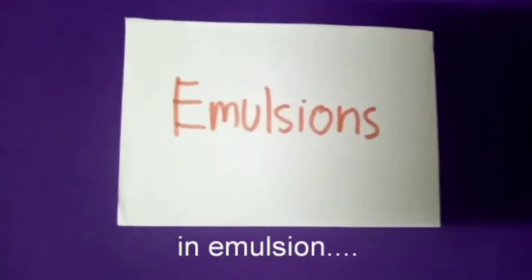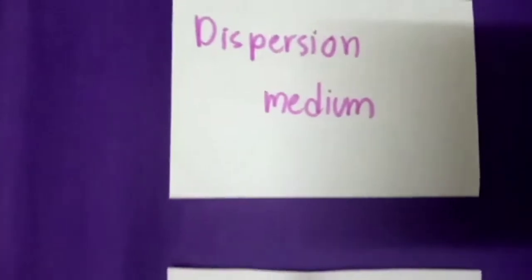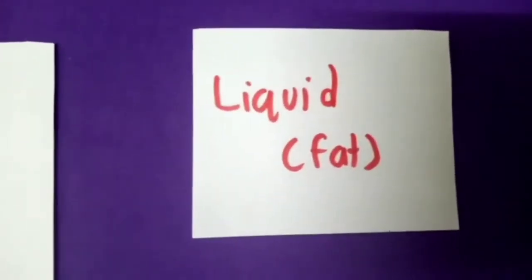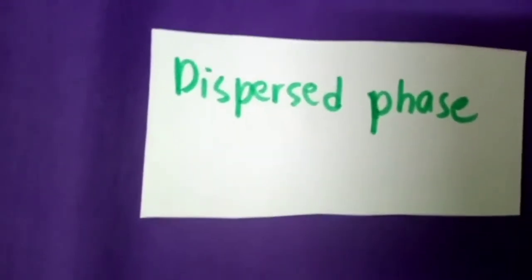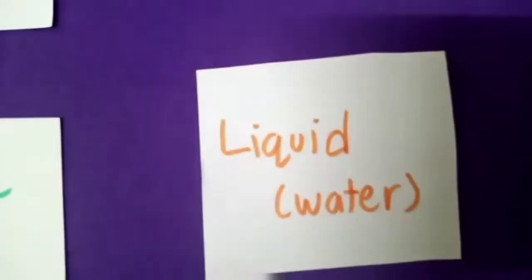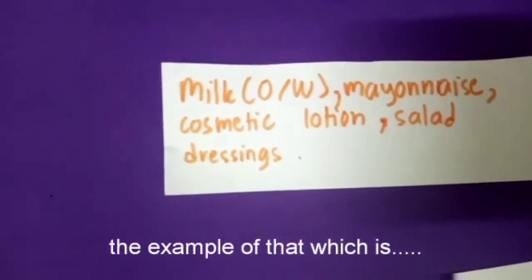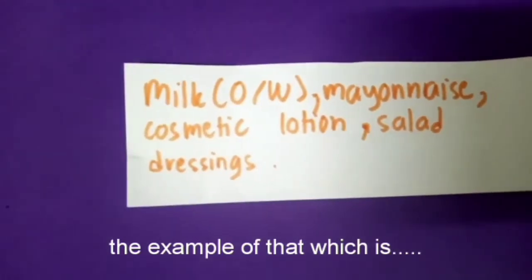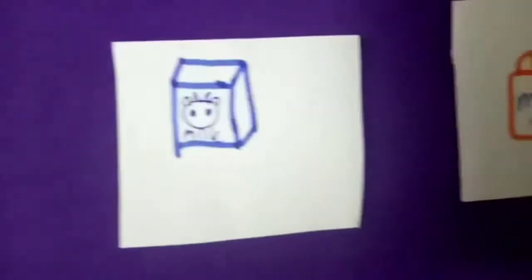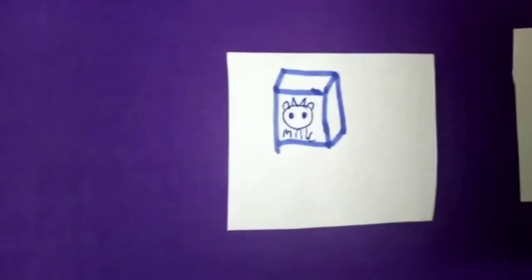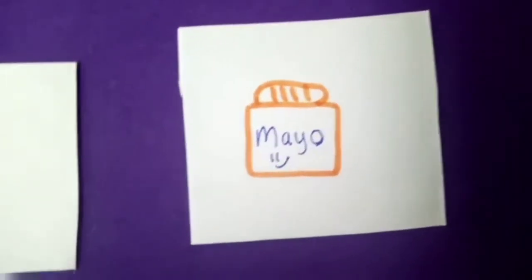In emulsions, the dispersion medium is liquid with fat, and the dispersed phase is liquid, which is water. Examples are milk, mayonnaise, cosmetic lotion, and salad dressing. This is milk and this is mayonnaise.